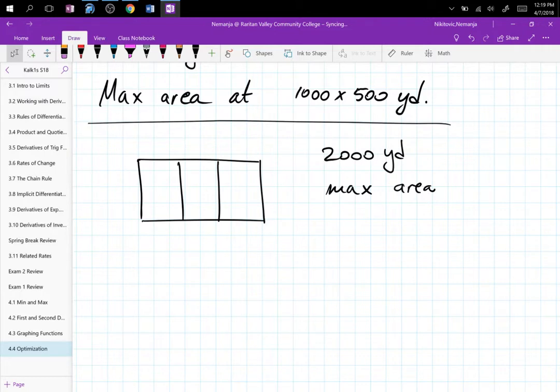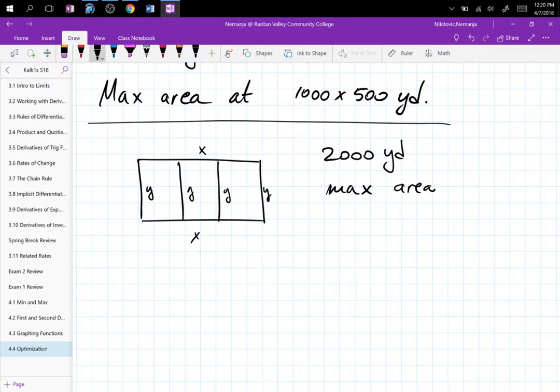What's new now? Four y's. You still have 2 x's and you have 4 y's. It's just slight modifications.